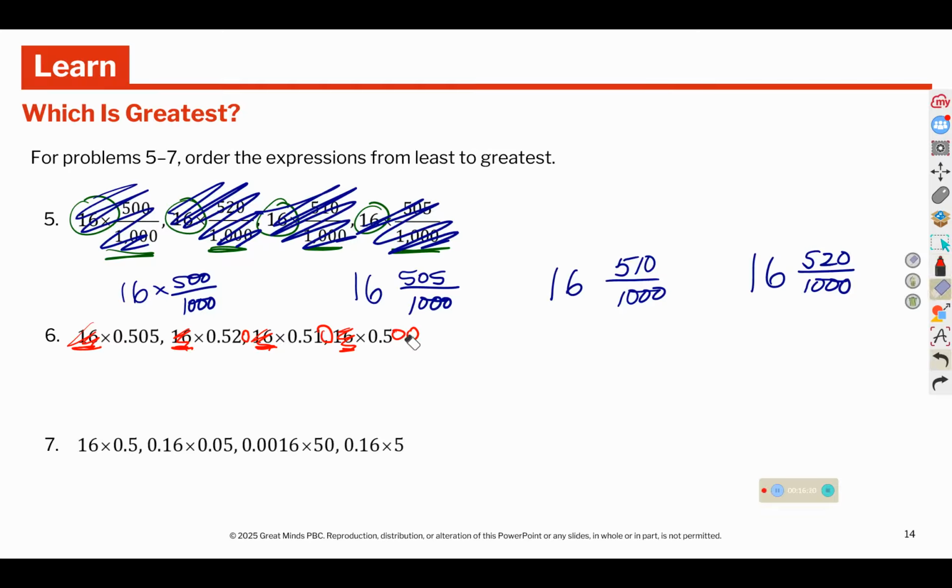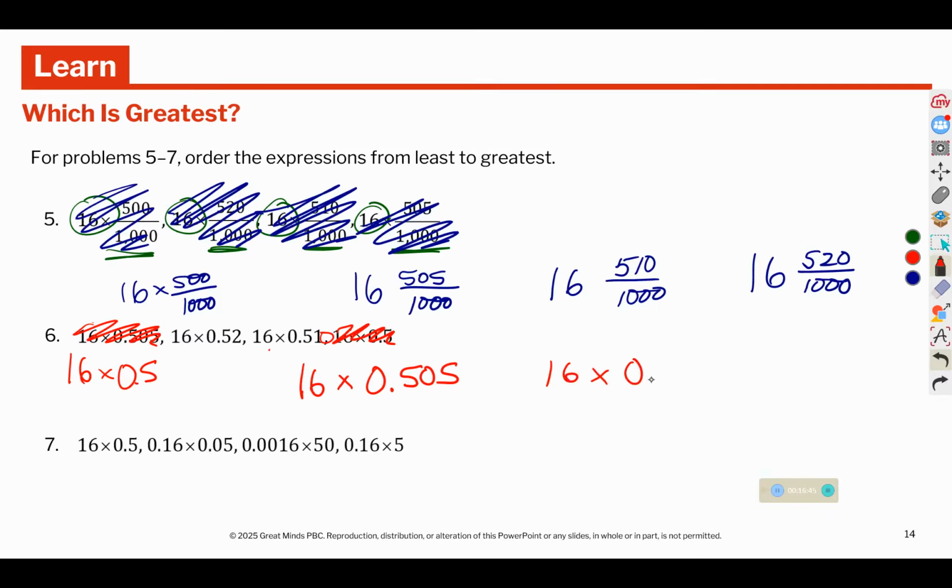So to find the least, we would want the one that has 500. Then would 510 be next, or 505? 505 is the next smallest. Then 510. And lastly, 520.